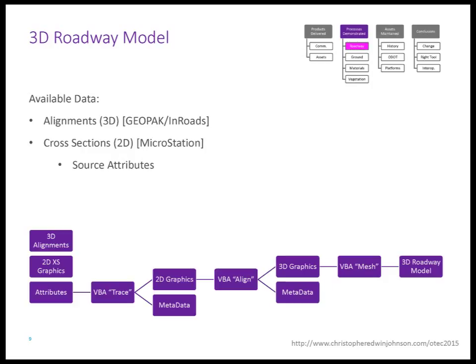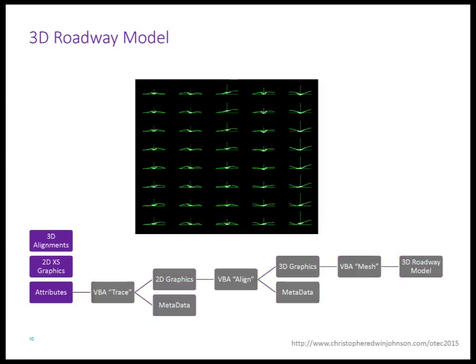And then on the bottom, I'm showing essentially a process workflow that was used in order to create this model. So I trust this is a pretty familiar picture here. GeoPak cross-sections. These were the design deliverables that were my starting point in order to create the model.